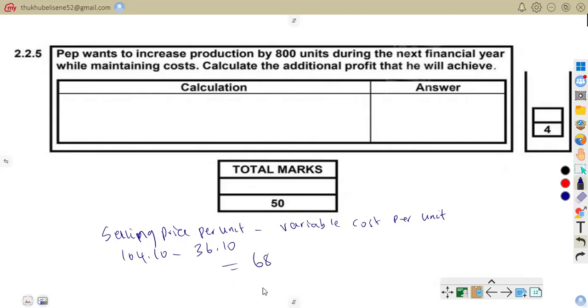Then we multiply 68 by the 800 units that we are told about. So 800 units multiplied by 68 gives us 54,400.